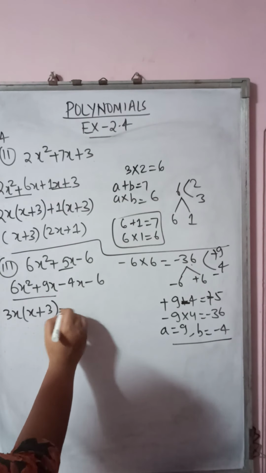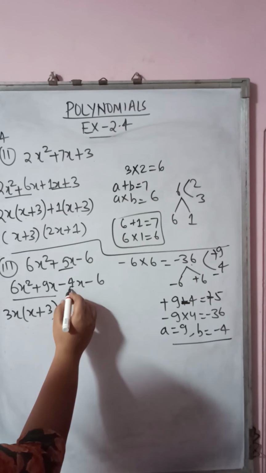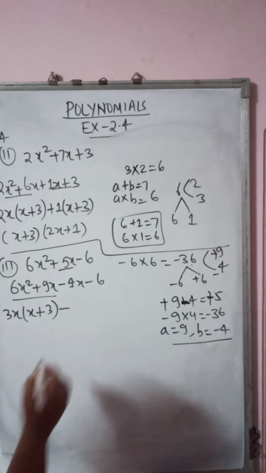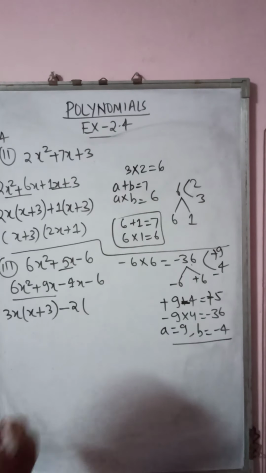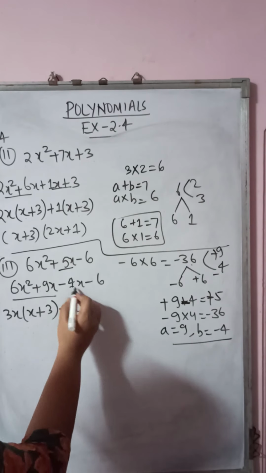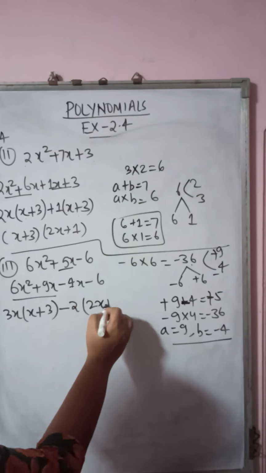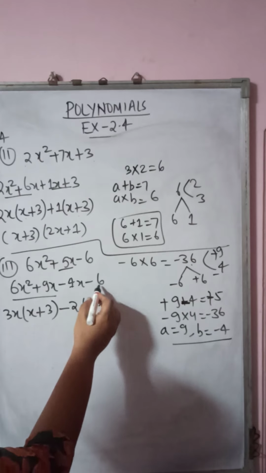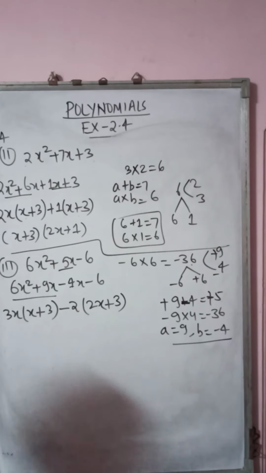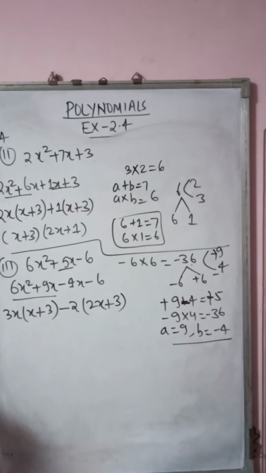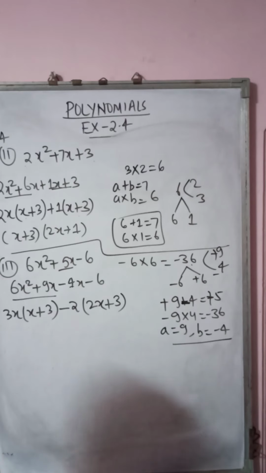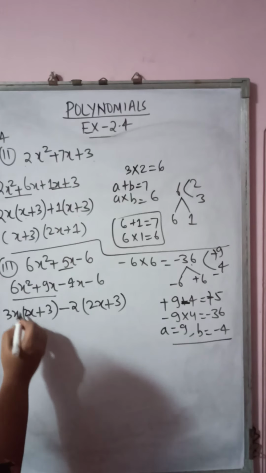Here minus is common, and 4 and 6 both are divisible by 2. So minus 2 I am taking out. I need 4 here. So 2 2s are 4 and x also. Now I need minus 6 here. So I will put plus sign. Minus into plus, minus, and 2 how many times do you get 6? 3 times. 3 2s are 6.